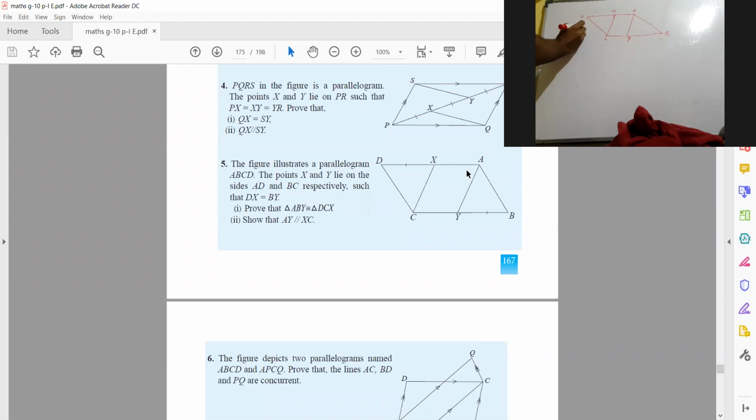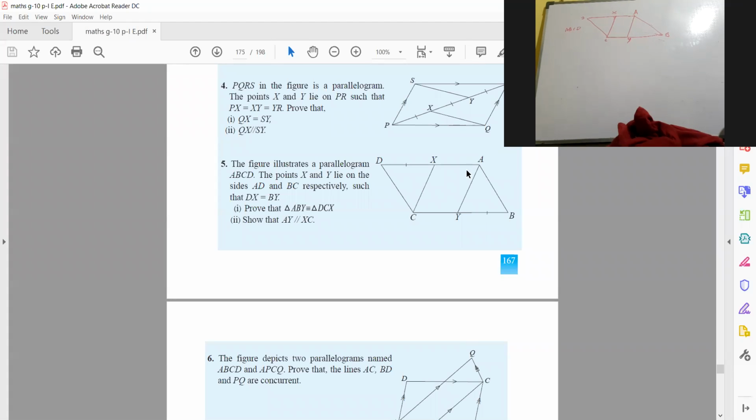When the question says that it's a parallelogram, the properties of it should come to your mind, right? That means the side AD is parallel to BC, AB is parallel to DC, those opposite sides are equal, and the diagonals bisect each other. All those properties should come to your mind as soon as you see the word parallelogram in the question. So it becomes very easy to solve the question, right?